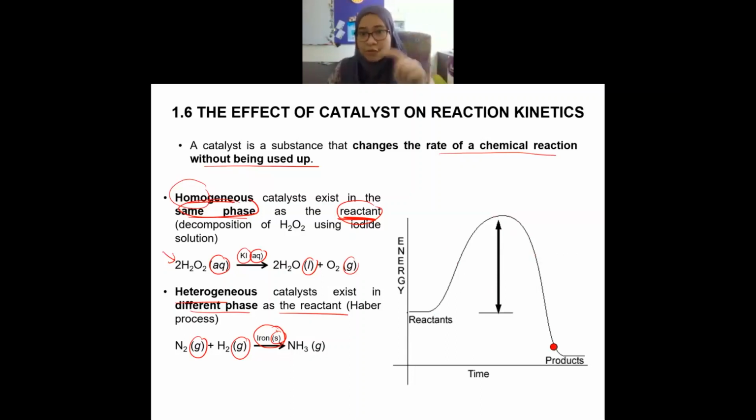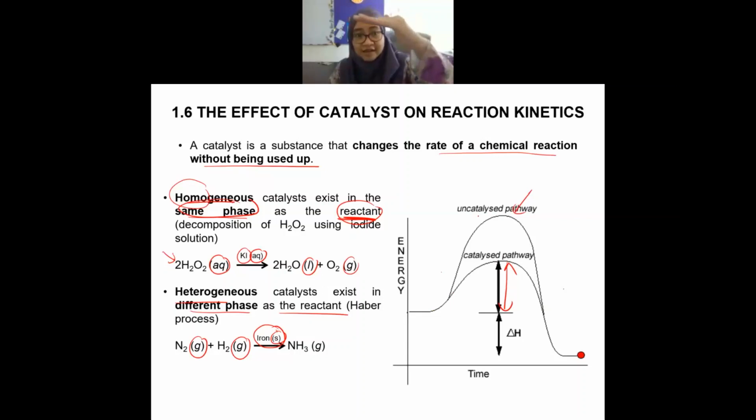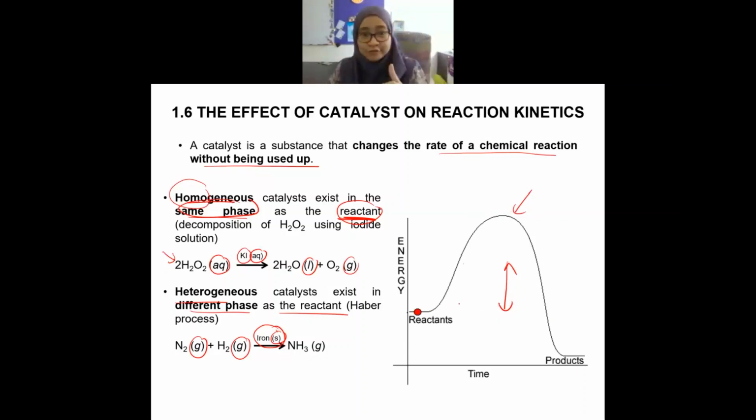The EA needs to be overcome. That one is without catalyst. When we add catalyst, the EA is now reduced, guys. If EA is reduced, so originally, this is how high the EA was. After the catalyst is added, it is now reduced.